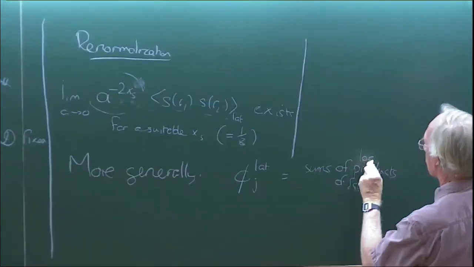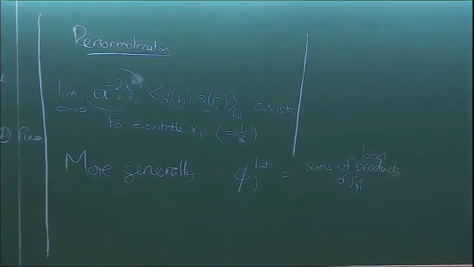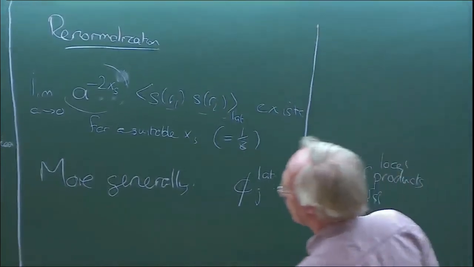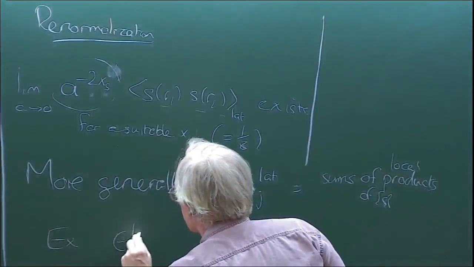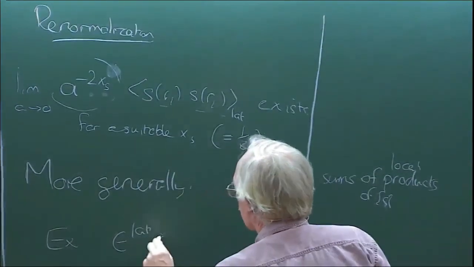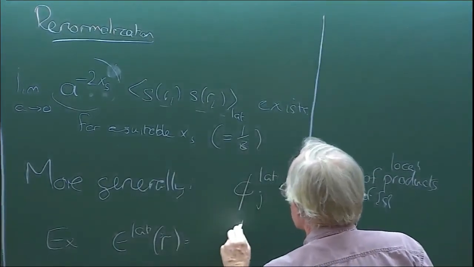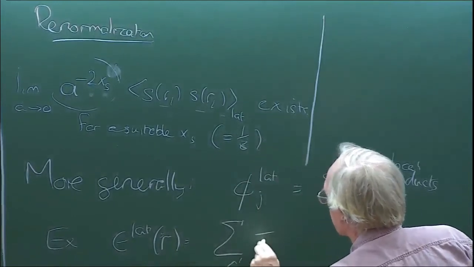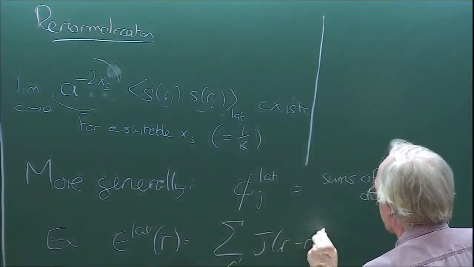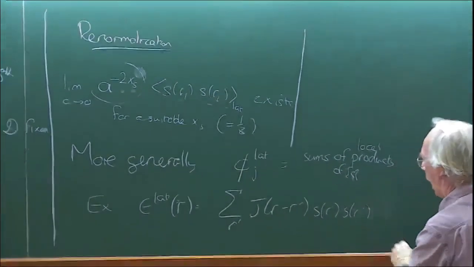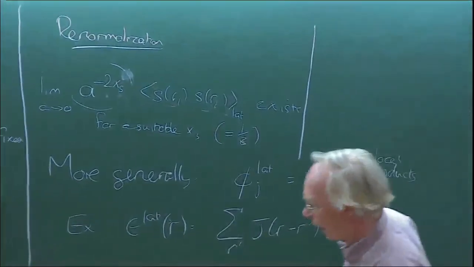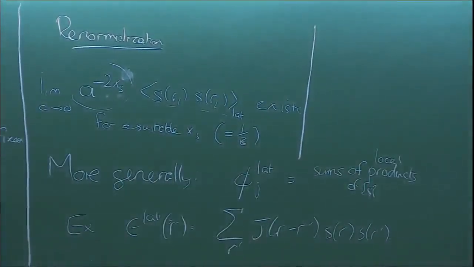They're local. So one example is the energy density, the lattice energy density as a function of r, which is the sum over r prime of J(r minus r prime) s(r) s(r prime), exactly the object that occurs in the Hamiltonian here.